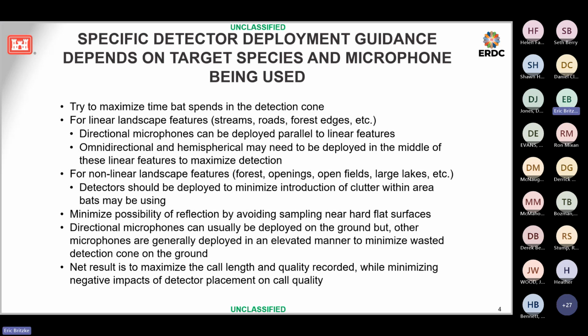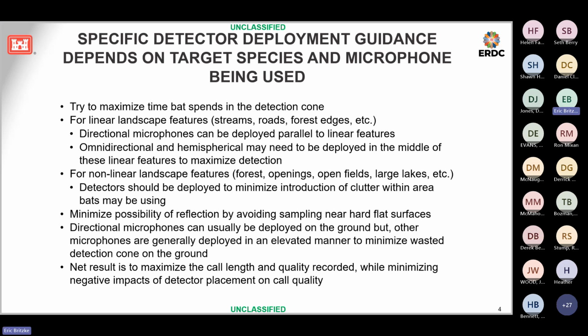You don't want to waste it by putting a microphone on the edge of the habitat if you had an omnidirectional, because you'd be reducing the detection cone substantially. Again, we're trying to maximize the time the bat spends in that detection cone as much as possible.